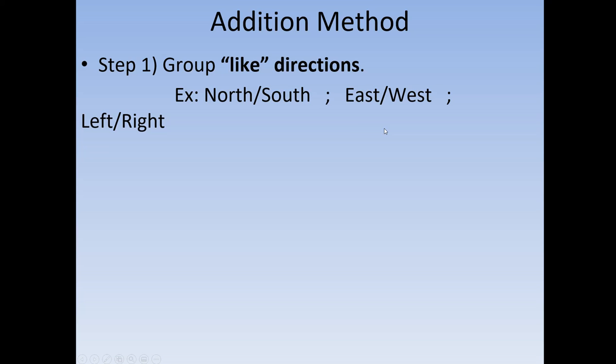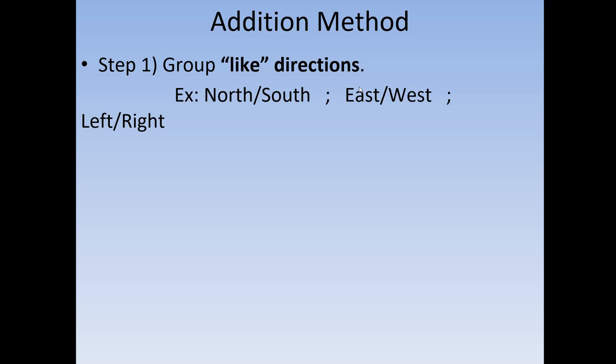So we want to group them because when we use this addition method, we can only do it for vectors that are parallel or anti-parallel within the same dimension. If you want to think about it like a graph, on the y-axis of the graph, we can add any vector in their y parts, but we can't just add an x to it. That's not how that works. East and west, again, they're parallel, so we can add them up.